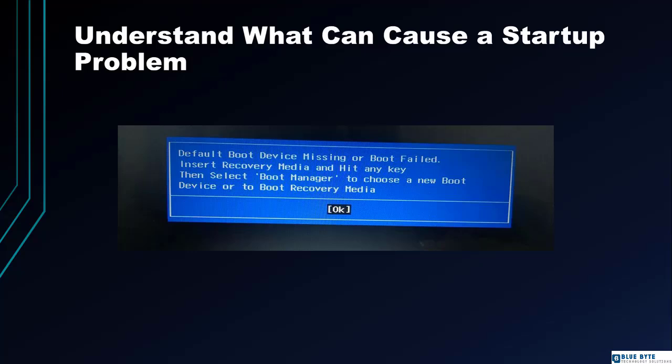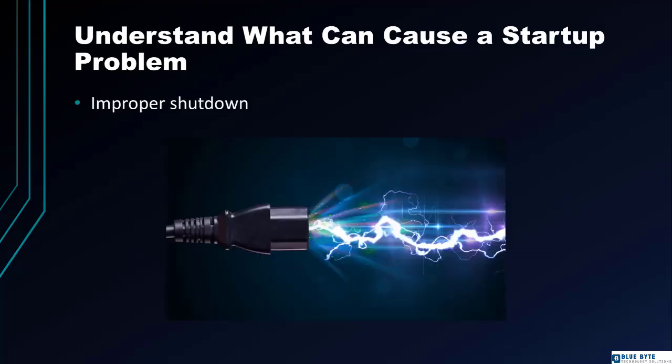booting again quickly. To quickly repair a Windows 10 startup problem, it is useful that you understand what can cause those boot problems. Among these problems, improper shutdown. Improper shutdown is by far one of the common causes of Windows 10 being unable to boot. The improper shutdown can be a result of a user forcing the shutdown of the computer by holding the power button for 4 seconds, or by pulling the power cord out from the wall.